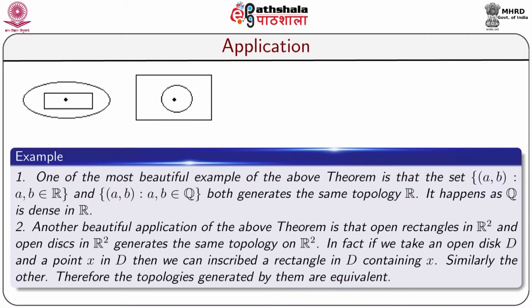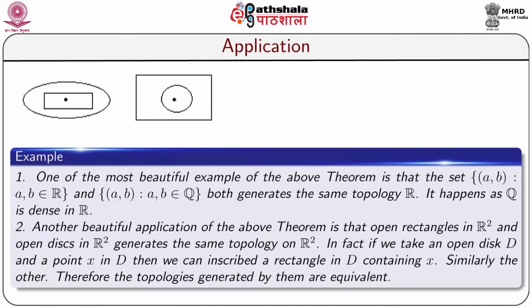We can observe that if we take some open interval and x belonging to that open interval, then there exists an open interval with rational endpoints containing that point and contained in that open interval. And conversely, if we take an open interval with rational endpoints and x belonging to that open interval, then the converse holds. So, what is the crux of this property? That is, Q is dense in R. So, these two bases generate the same topology on R.